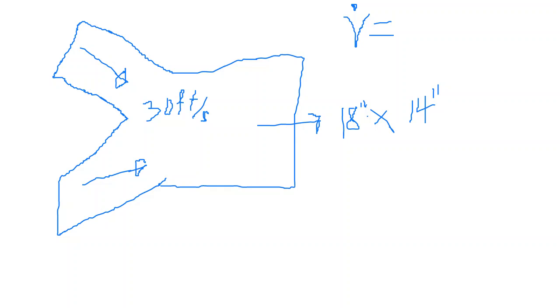So they gave you the velocity of the fluid. So how do you get the volumetric flow rate? V dot is equal to velocity times the area. There you go. Thanks, guys.